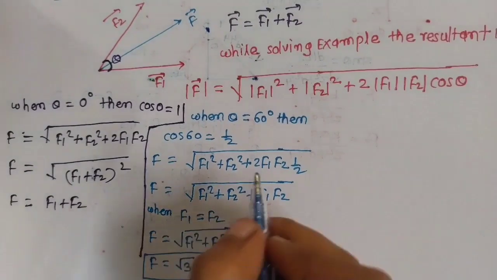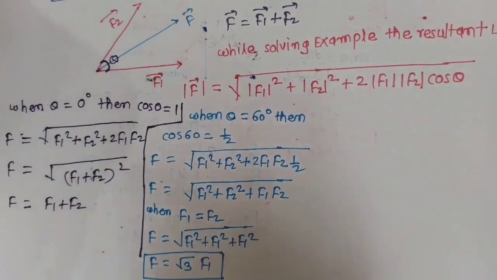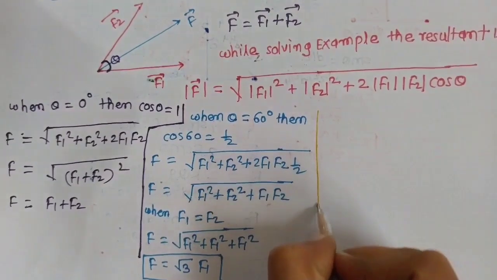So when the angle is 60 degree, the resultant is root 3 F1.